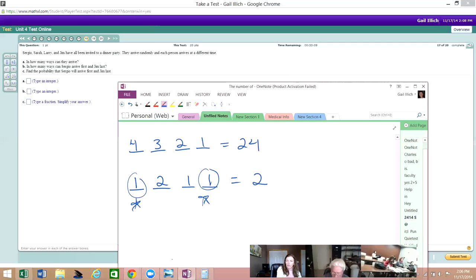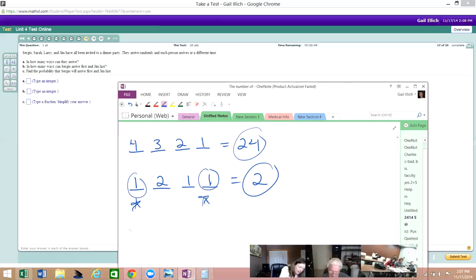Yes. That'd be the same as the answer B. Well, no, now on C, they want the probability. So you're going to take your answer from part B and divide it by your answer from part A, because that's all the different ways that they can arrive.